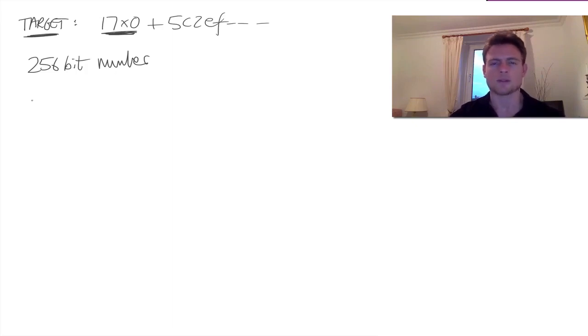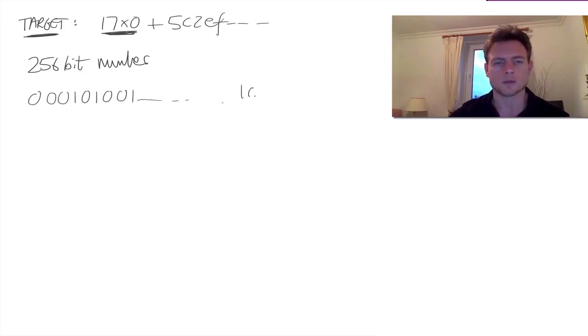They don't have to be zeros and ones, but the whole point of binary is that it's a two-state numerical system. So we represent a 256-bit number as something like 0001001001 all the way up to 256 digits, and that gives you your binary number.